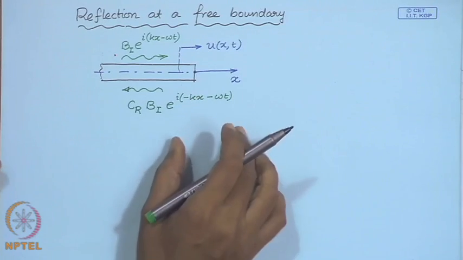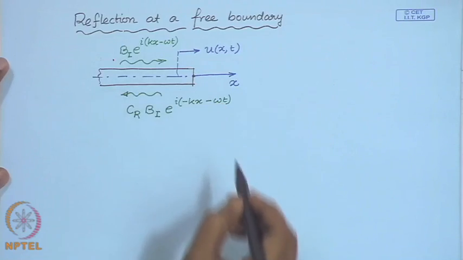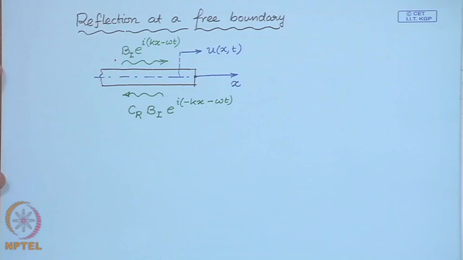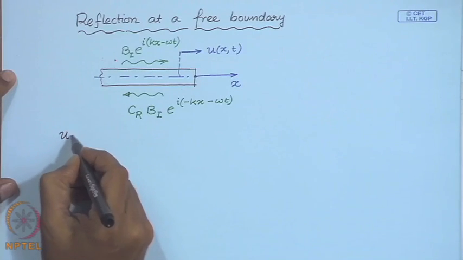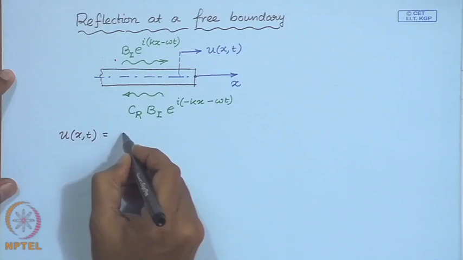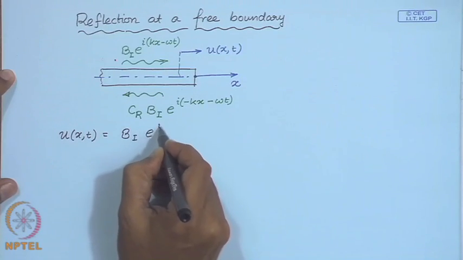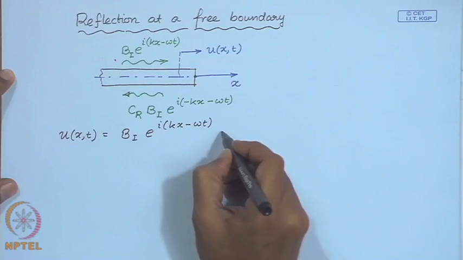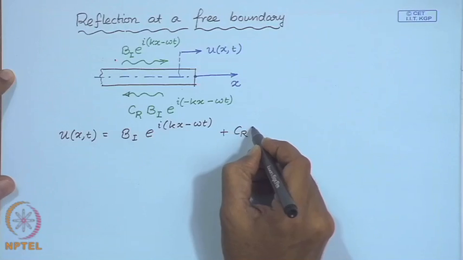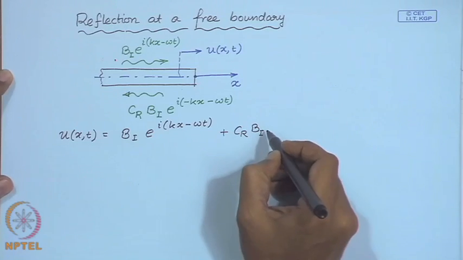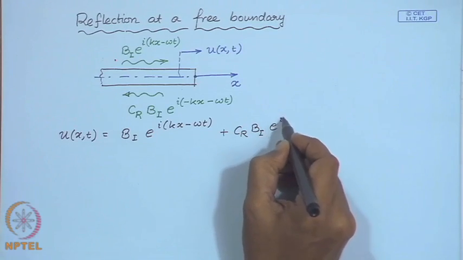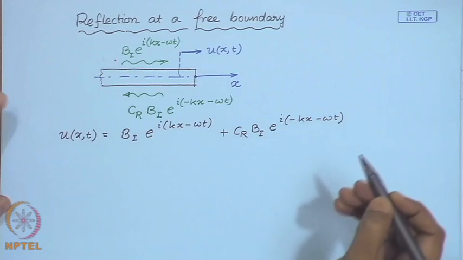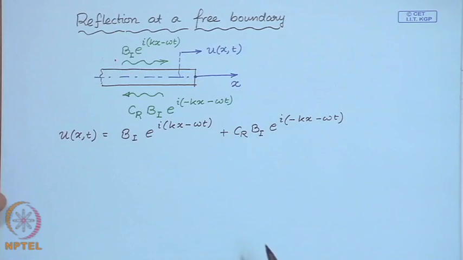And what we learned from the previous example is that these k and omega must be the same. So, the total wave field in the bar is given by this expression.